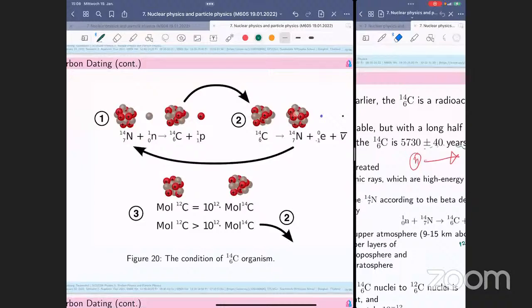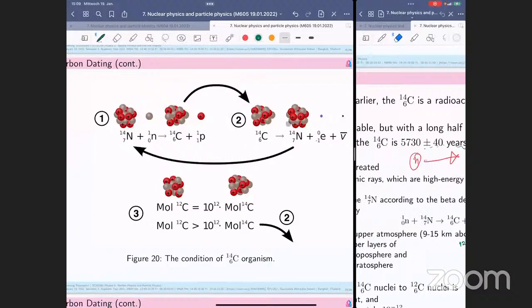This is a process that also happens in our body every day. We get an electron and an electron neutrino, and this nitrogen goes back to the source in the upper atmosphere that receives the high energy neutrons from cosmic rays.